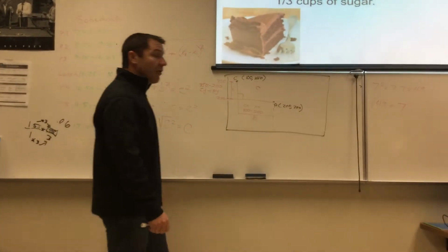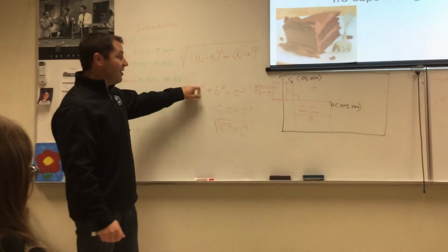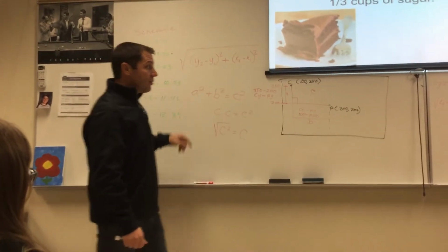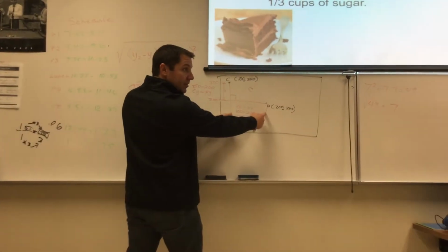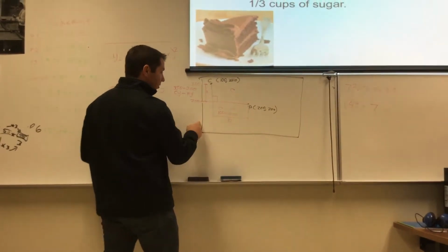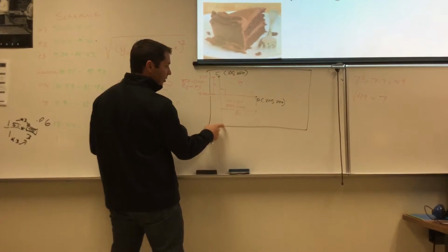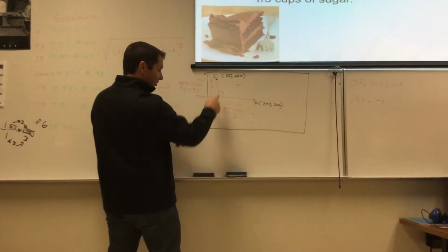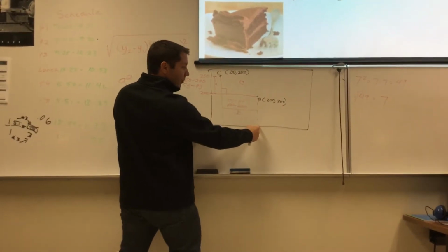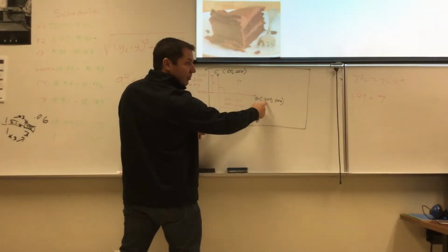Okay? Now we can do the same thing. Once we find A, then we'll square it. But we can do the same thing to find B, the base of this right triangle. We know that from right here, the origin, to where our character is located, that's 100 pixels. And from right here to where our player is located, that's 200 pixels.